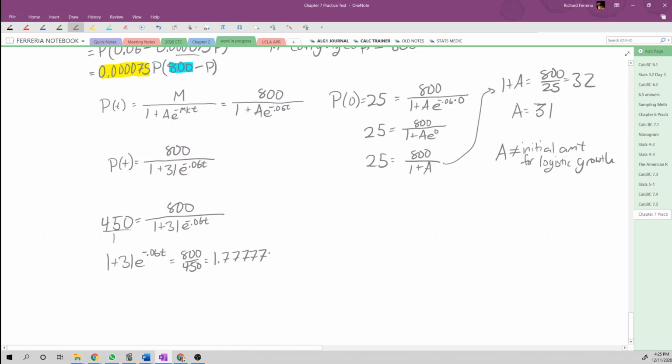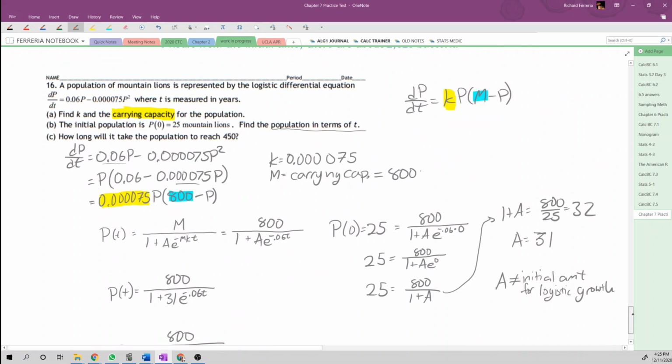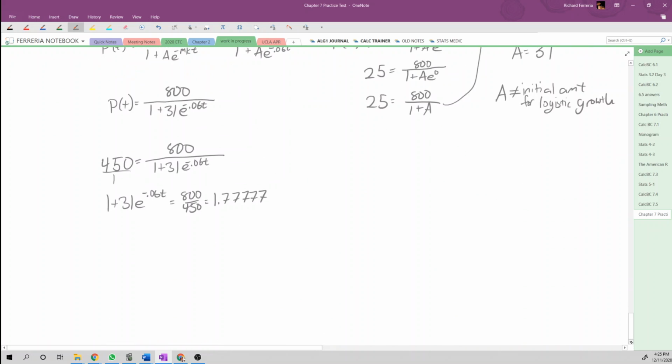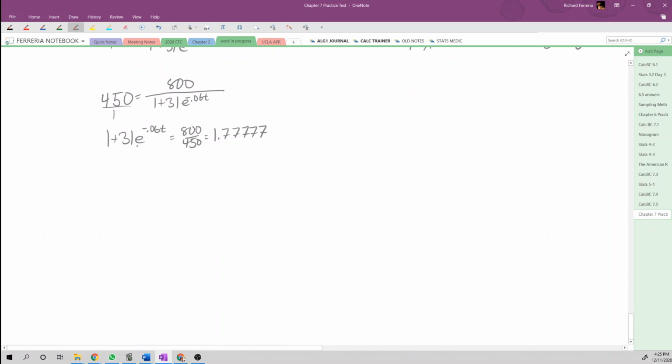And I'm going to keep 5 decimals here so that I reduce the rounding error.